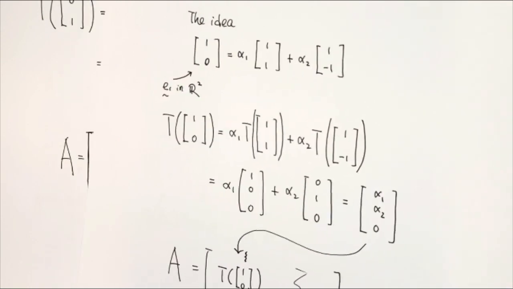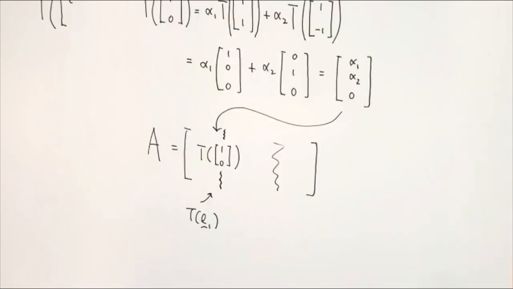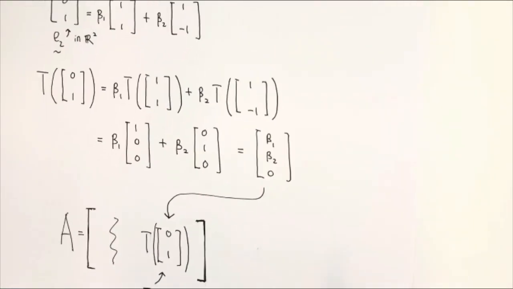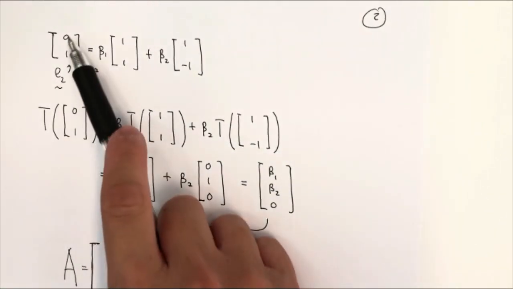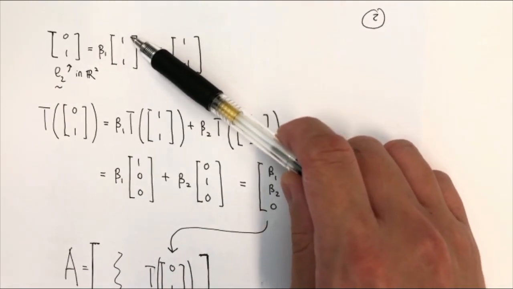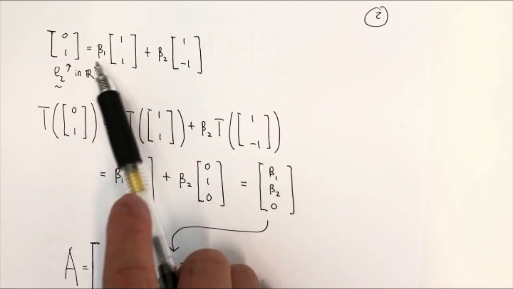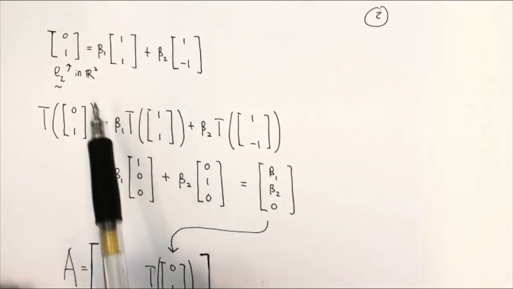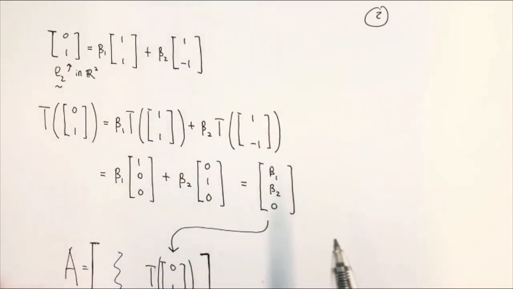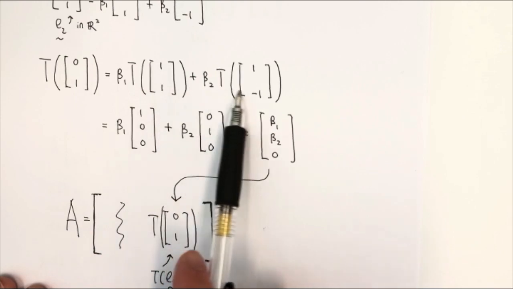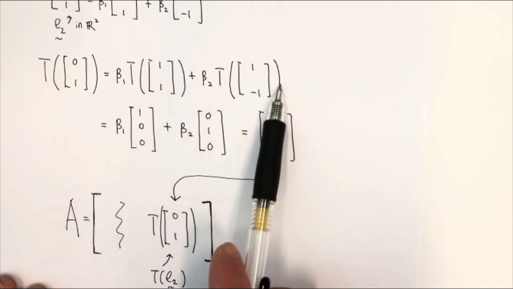Once we have the first column of matrix A, we need to figure out the second column of matrix A. So we do the same computations. We look at E2, which is (0, 1), and write it as a linear combination of the two vectors (1, 1) and (1, -1), where beta 1 and beta 2 are two real numbers we need to determine. Again, once we have determined beta 1 and beta 2, T(0, 1) follows by the linear properties of the transformation.